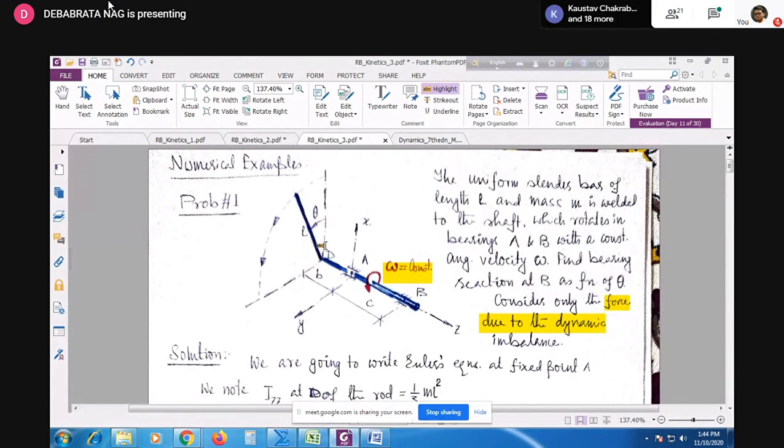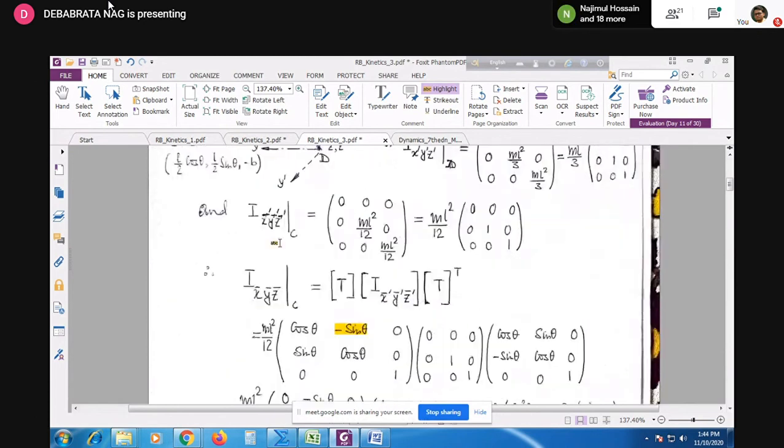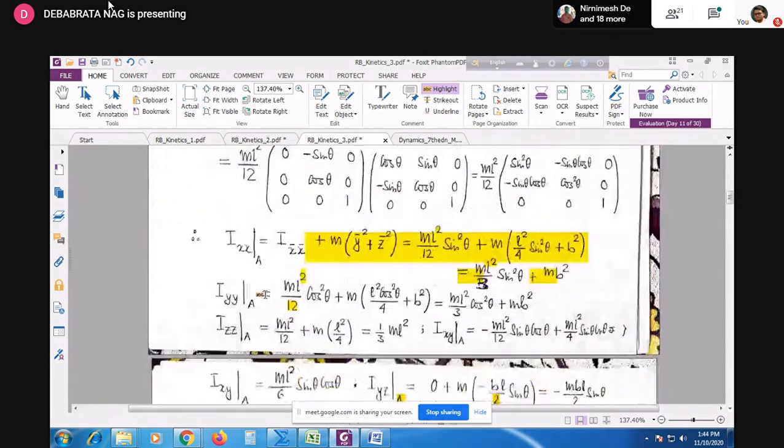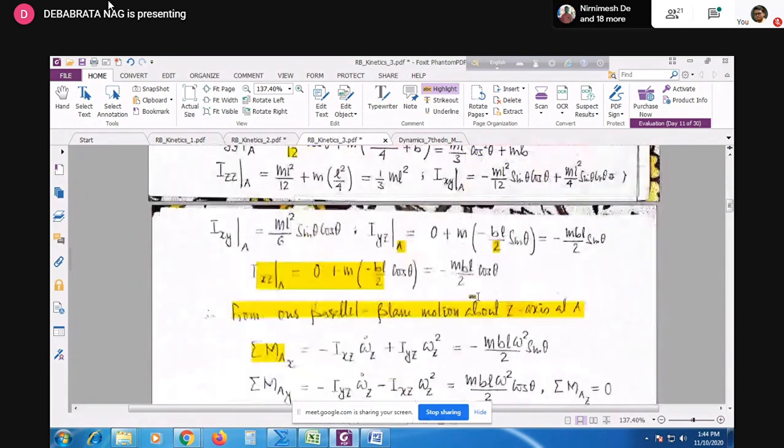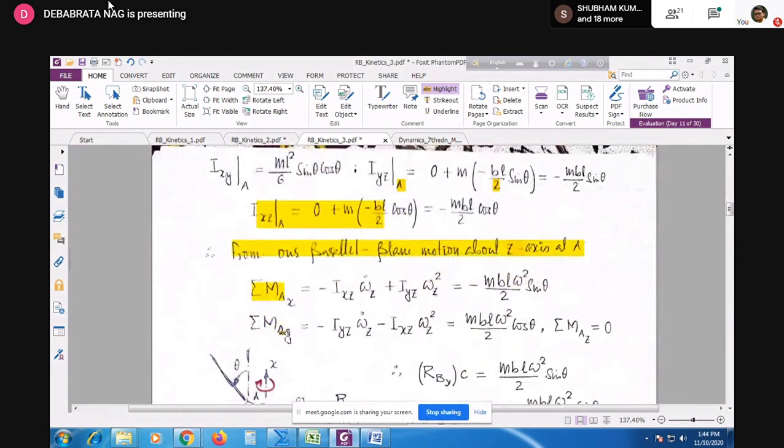then this is the step that you need to follow to find that inertia matrix. Once it is done, it is very simple.